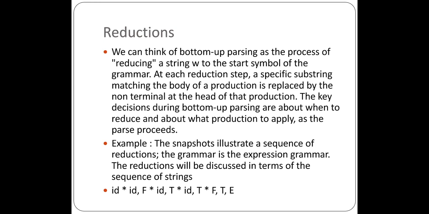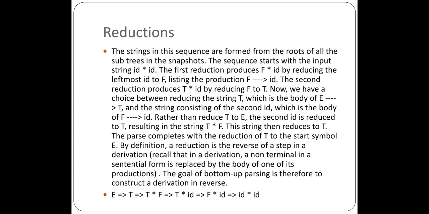And the key decisions in applying the productions are very important in this reducing process. And here we have an example, one of the best examples of how we apply the process of reductions. Here we start from the input string, id asterisk id.